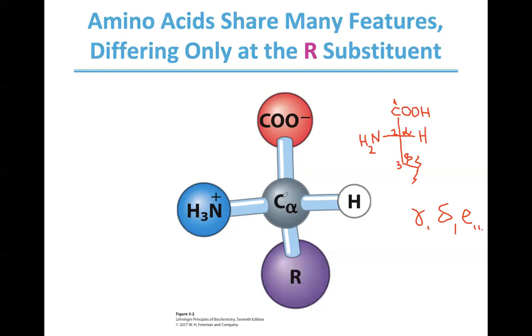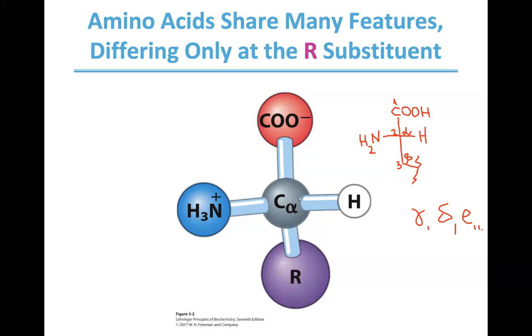So alpha carbon. In most amino acids, this alpha carbon, in most but one. Let's see if you have some prior knowledge, would be good. So in most amino acids, this carbon is tetrahedral. So in other words, it's asymmetric, right? So it has 4 different substituents.